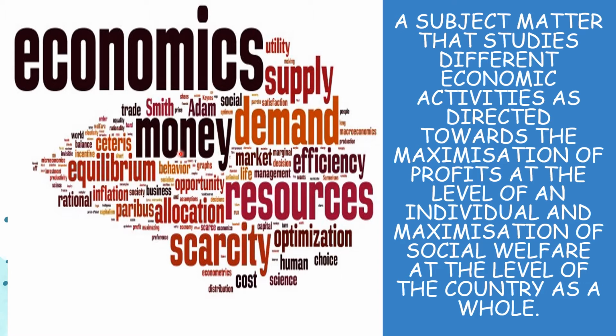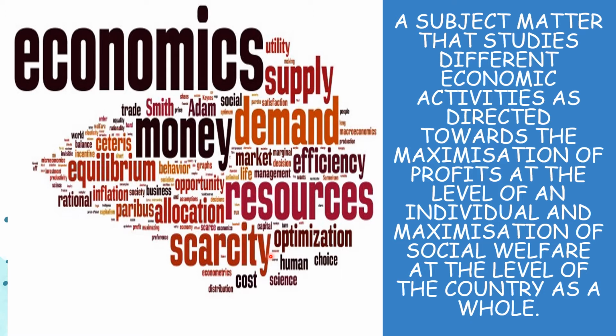For example, you have money, you have demand, resources, scarcity, how you allocate resources, opportunity, market, management, cost, econometrics, optimization, science. So we know that economics is a science. You have a term here, ceteris paribus, inflation, and many others. There are many more words that we can associate or that come under the purview of economics.